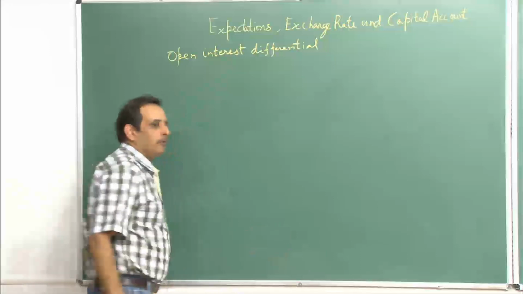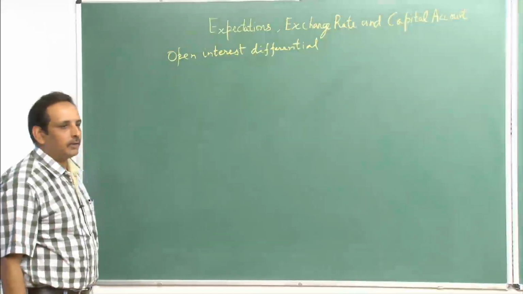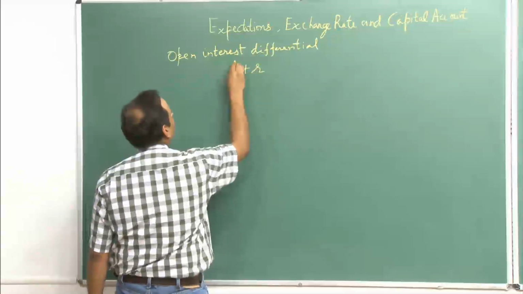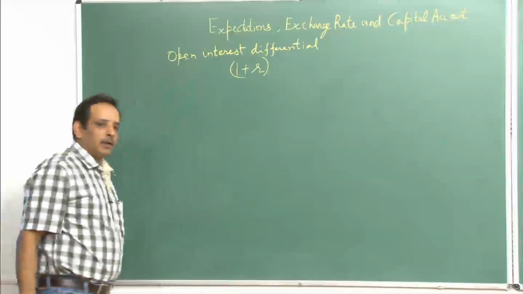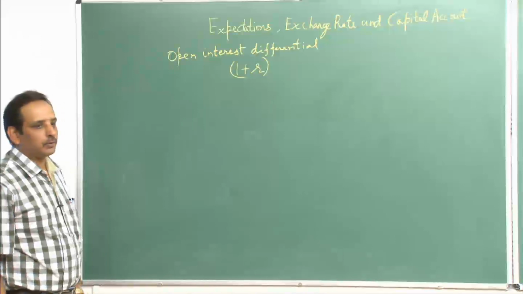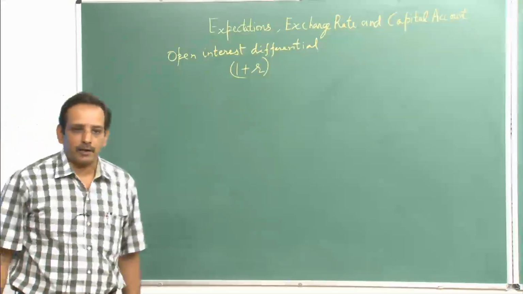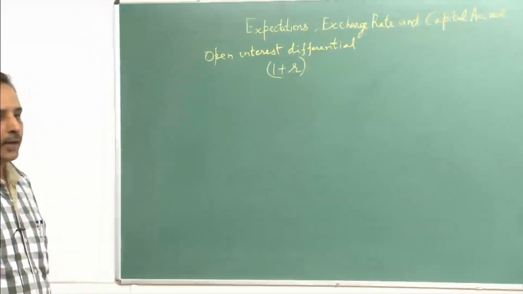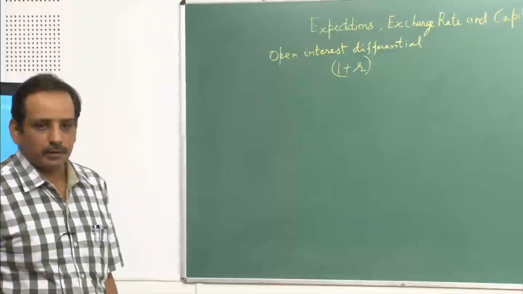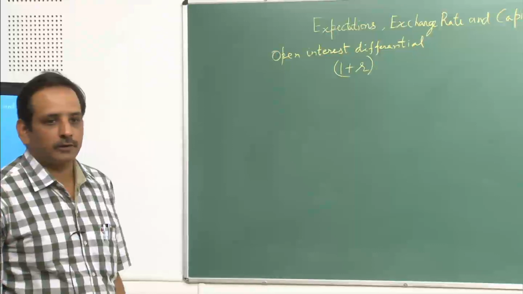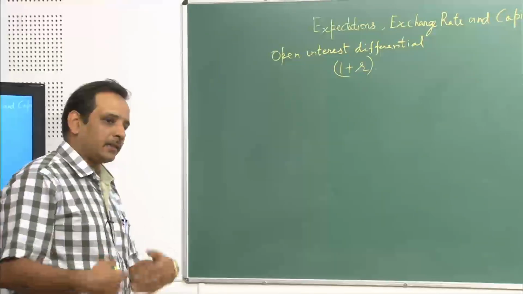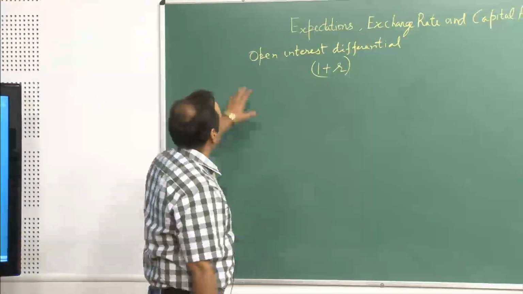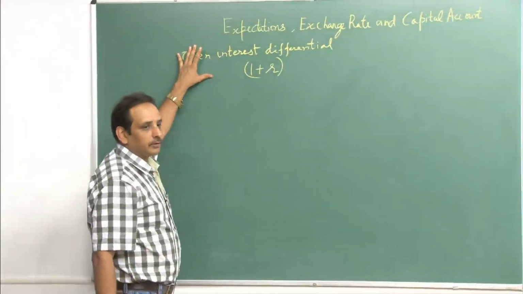So, let me come back to the open interest differential. If you have 1 rupee today, at the end of the year, the return that you would get would be 1 plus r. But if there is a possibility to take this 1 rupee outside and invest it in a foreign country, and earn the foreign interest rates and then bring back the money, one needs to work out the open interest differential.